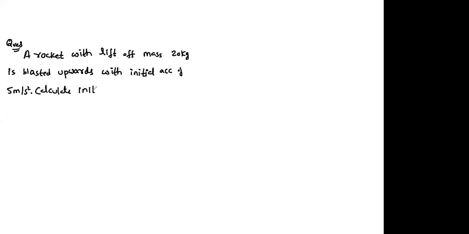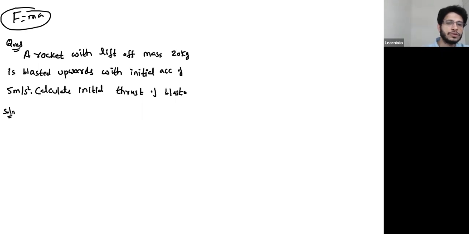Next question is, a rocket. So see, if you have a rocket, this is at rest on the ground and mass of the rocket is m, let's say, which is given as 20 kg. So the initial blast that is given to the rocket serves two purposes.